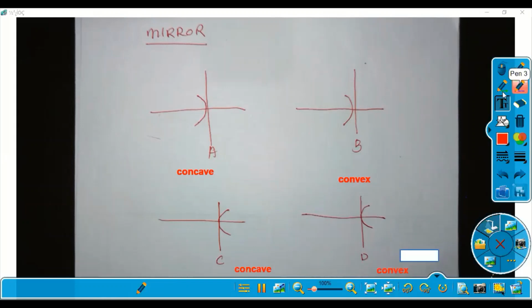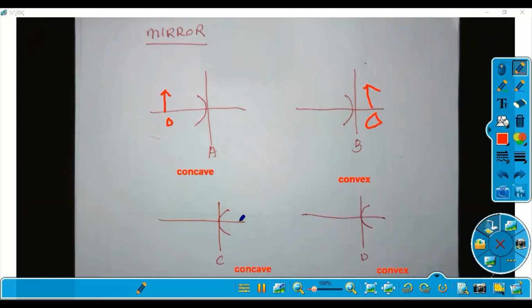The important thing is if this one is a concave mirror, the object must be at this side. This is the object. If this is a convex mirror, the object will be at the right side.